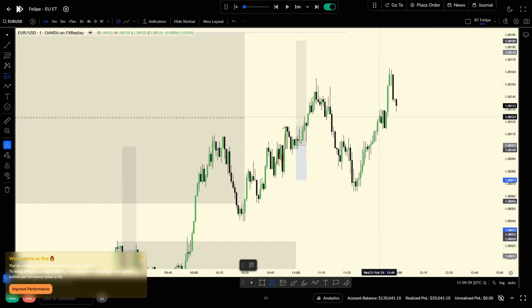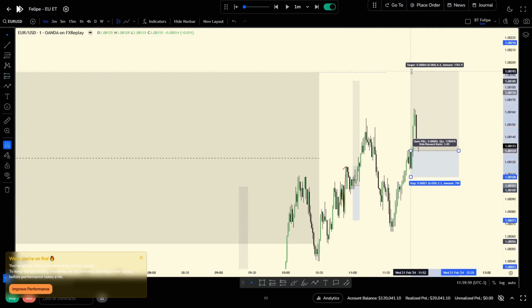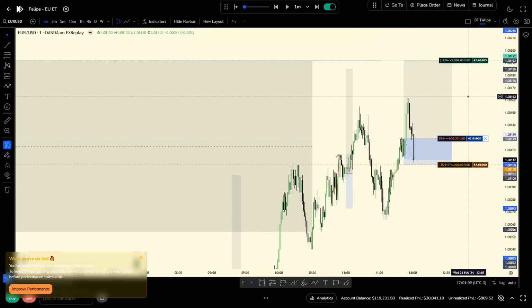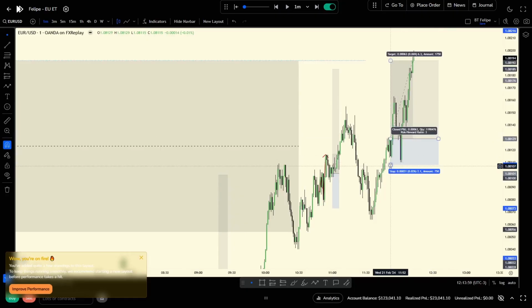Another one. I'm only trying this long because of the liquidity taken down there. Oh damn, almost did me dirty again.